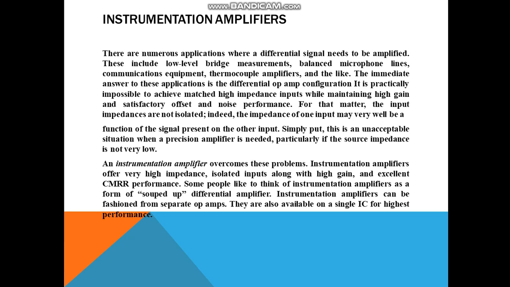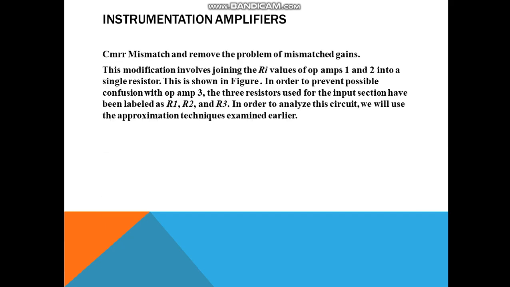Instrumentation amplifiers offer very high impedance, isolated inputs with high gain, and excellent common mode rejection ratio performance. Instrumentation amplifier is a form of souped up differential amplifier. It can be fashioned from separate op-amps. They are available in a single IC for highest performance.